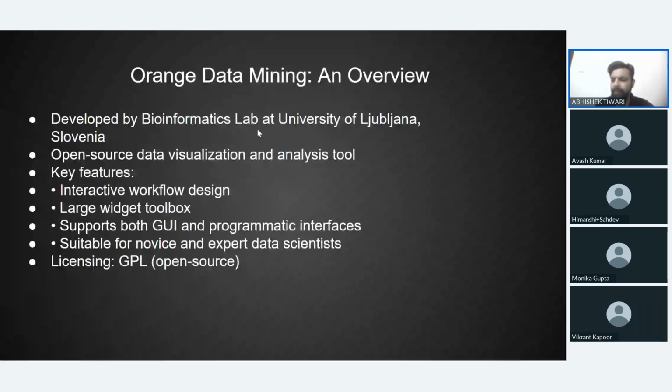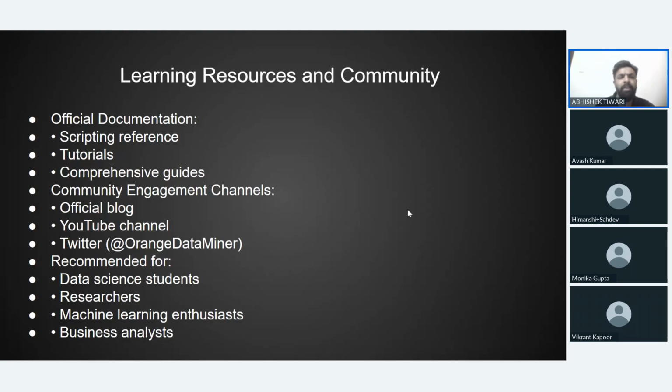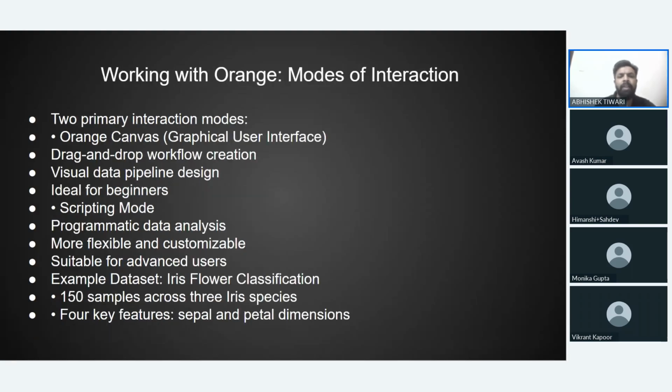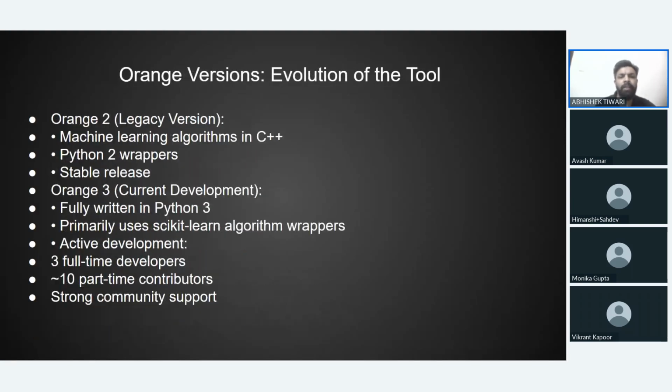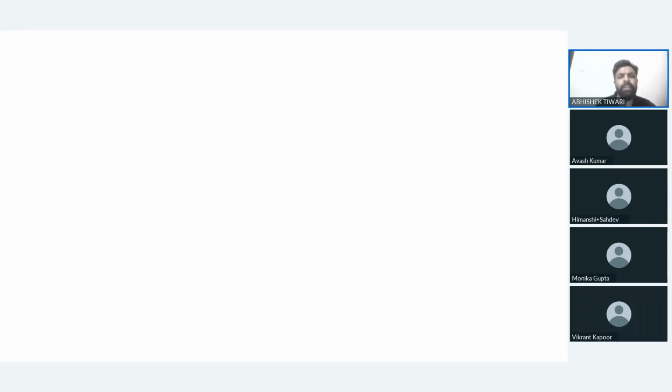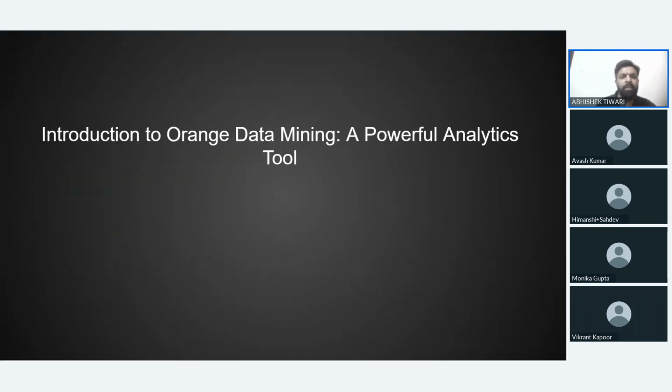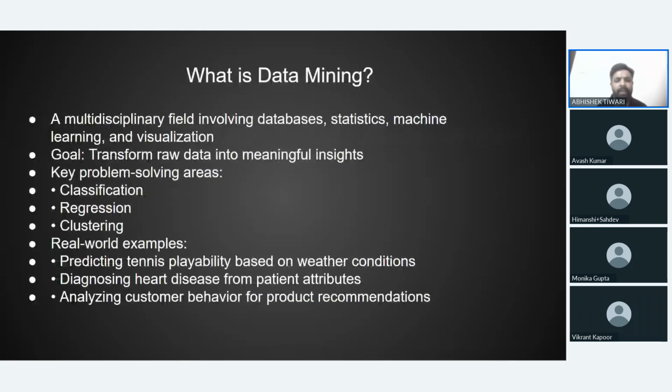So let me give you the brief of Orange, for those who haven't used it earlier. Basically, Orange is a data mining tool, which is an open source tool. Before going into Orange directly, just a brief of data mining. Whenever we want to extract insight from the data, that is considered data mining.